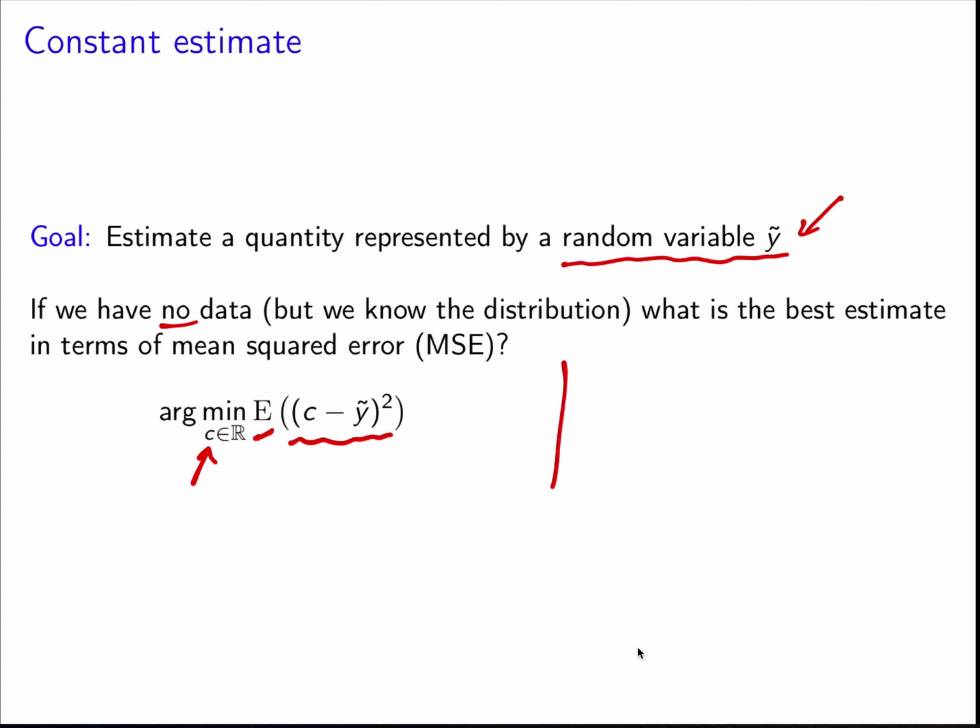If you imagine here the possible values of y and here the PDF of y, whatever it looks like, we want to find the best constant c such that when we look at the difference between c and all the possible observations of y, if we take the expected squared difference, that is minimized.